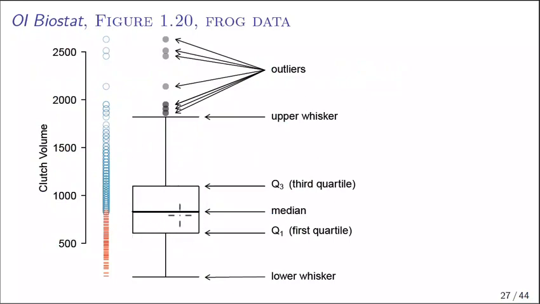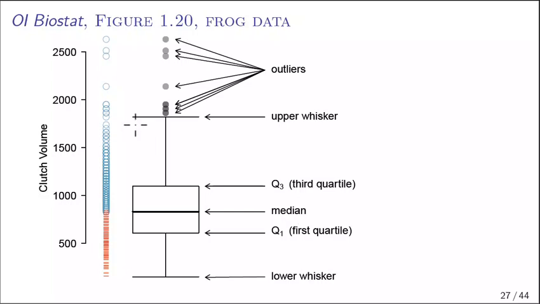The top line of the box is Q3, and the bottom line is Q1. The middle one is the median. Basically Q1, Q2, Q3. Other than this box, we have two whiskers, the upper whisker and the lower whisker.